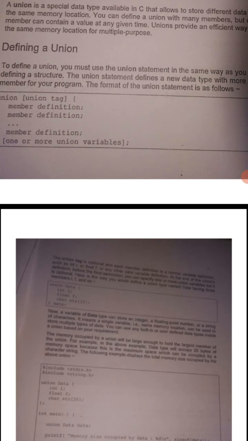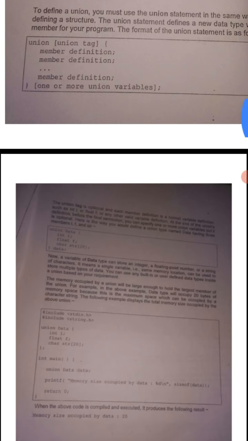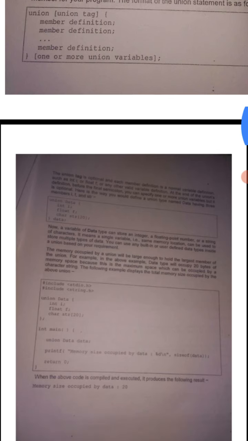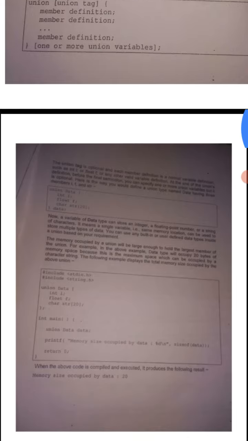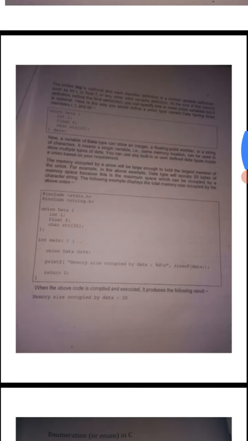The format of the union statement is as follows: union [union tag] { member definition; member definition; ... member definition; } [one or more union variables]; The union tag is optional and each member definition is a normal variable definition, such as int i or float f, or any other valid variable definition.